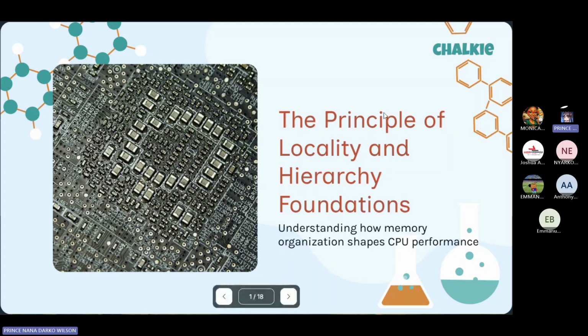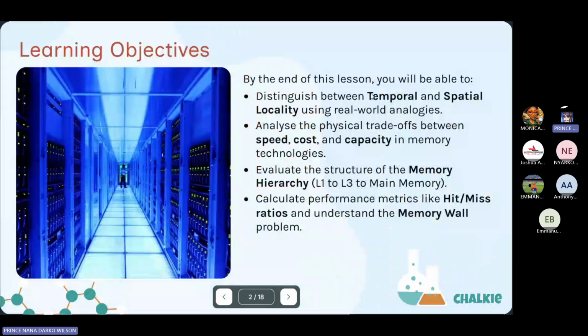So, the principle of locality and hierarchy foundations: understanding how memory organization shapes central processing unit performance. By the end of this lesson, you'll be able to distinguish between temporal and spatial locality using real-world analogies, so take note of that as we work.